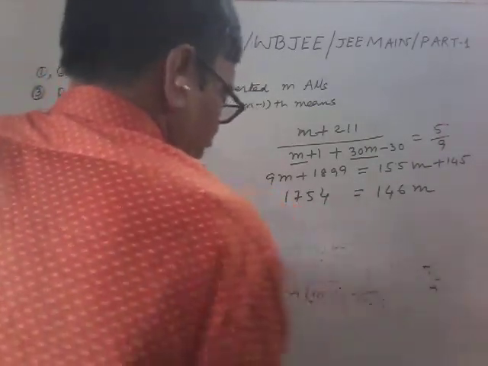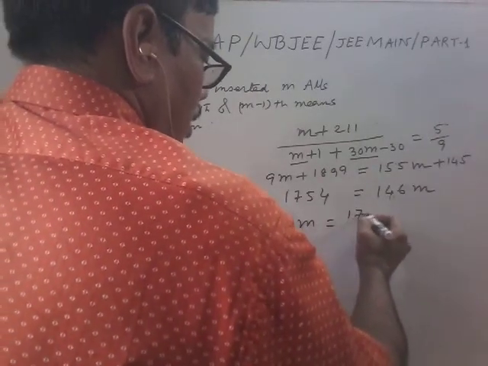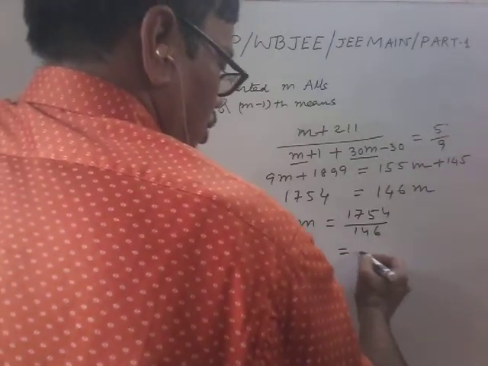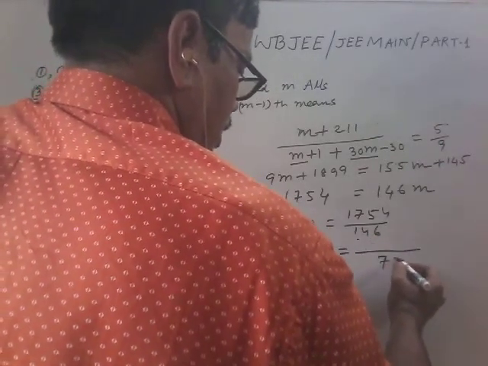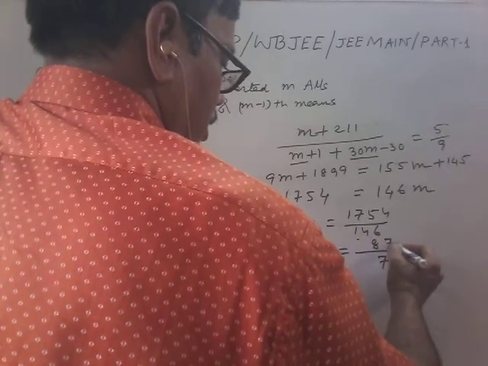So what is m? M is 1754 by 146. So this is 73, this is 8, this is 7, this is 7.